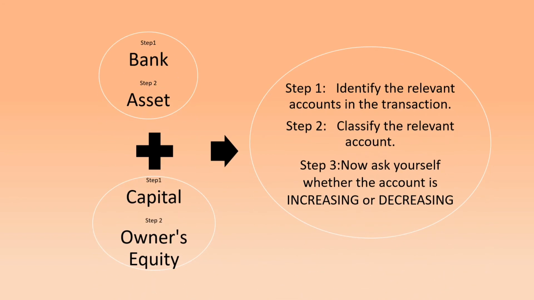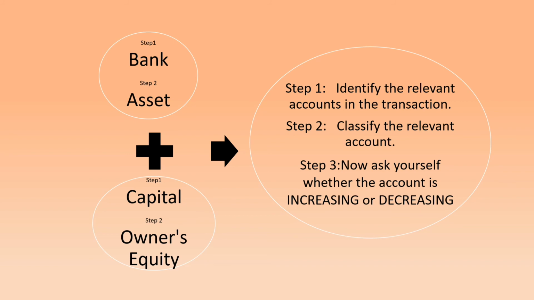And to illustrate the steps, let us use the first example where you contributed capital to the business. Firstly, identify the relevant accounts in the transaction. Bank, money is being deposited into the bank account, and capital, the owner is contributing money. And then classify the relevant account.